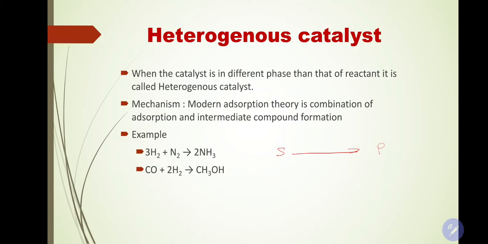Okay, so we have already discussed that in the earlier mechanism. Here, modern adsorption theory is a combination of adsorption and intermediate compound formation. For example, 2H2 plus N2 will give you 2NH3, that is the formation of ammonia, and the formation of alcohol.